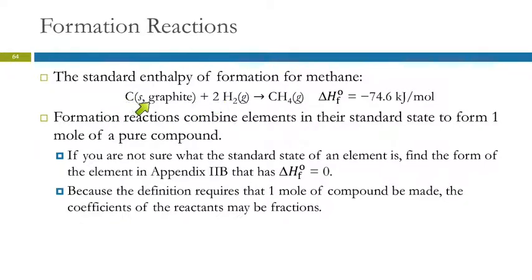These need to be listed as their most stable form in their standard states. And we always have this making 1 mole of whatever compound we're talking about. So 1 mole of CH4, so that's going to require 1 mole of carbon atoms and 2 moles of hydrogen molecules. Sometimes we'll end up needing fractional coefficients because the way this is set up, we have to have a coefficient of 1 on the product.